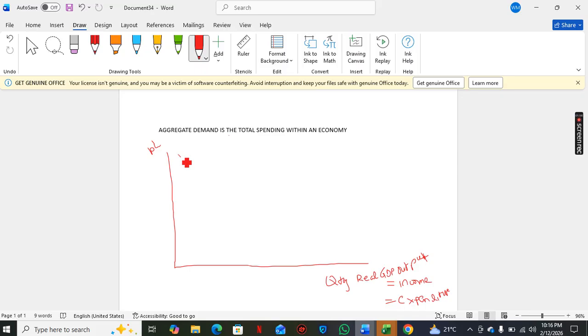So, just like the demand curve, the aggregate demand curve is also downward sloping.